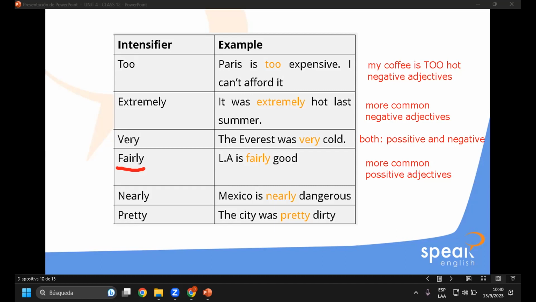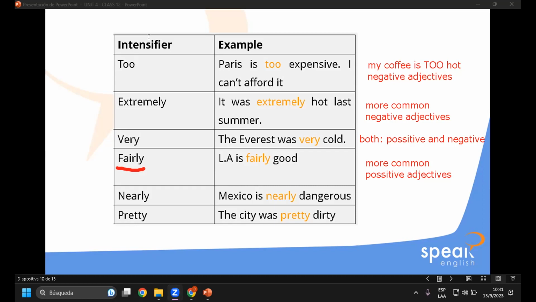How about you guys? Can you tell me something about your city using the intensifier fairly? What do you think? Okay, the park in my city is fairly pretty. Very good. That's a good one. Yesenia? My city is fairly safe.